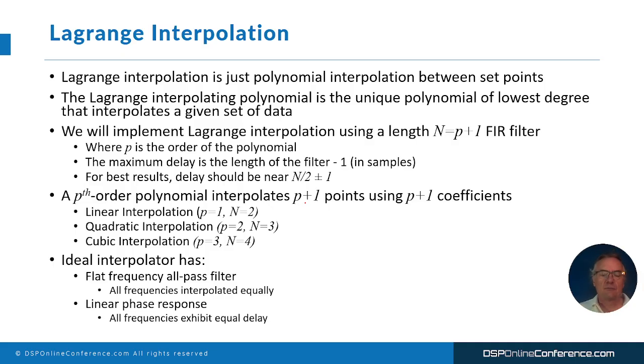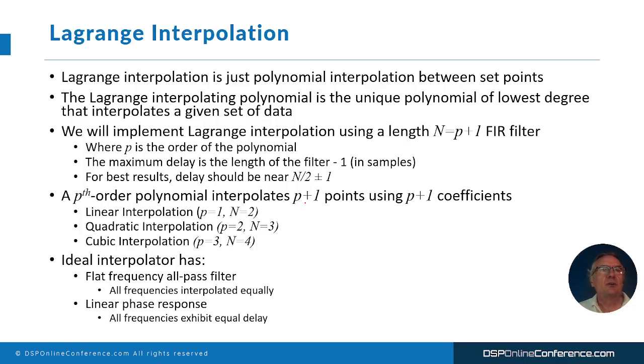Just to give you the basics of Lagrange interpolation, if we have a first order Lagrange interpolator, i.e. 2 coefficients, that's effectively linear interpolation, i.e. given a position between our 2 points x0 and x1, we linearly interpolate the points between those two.